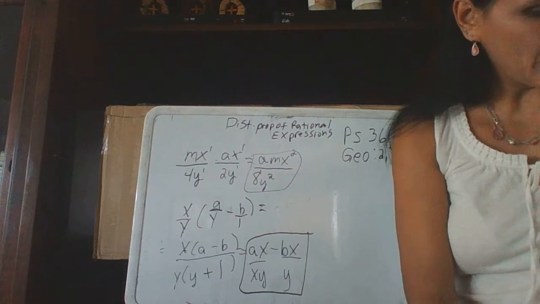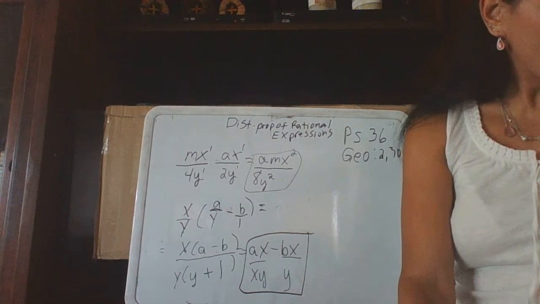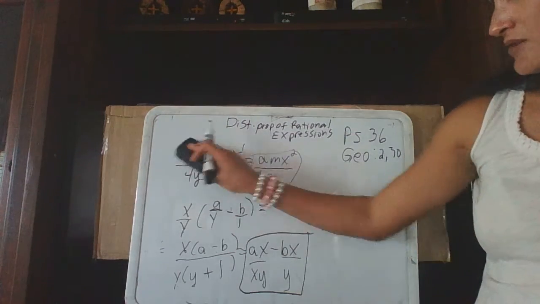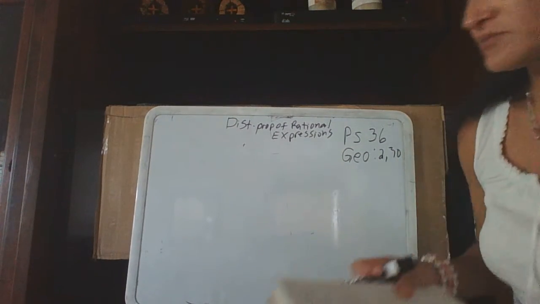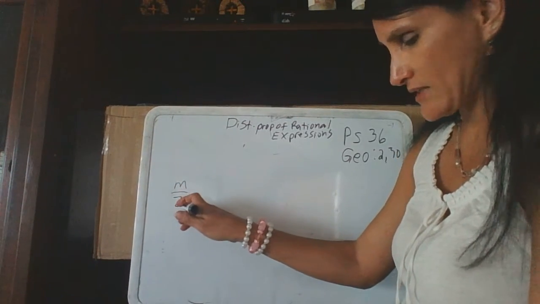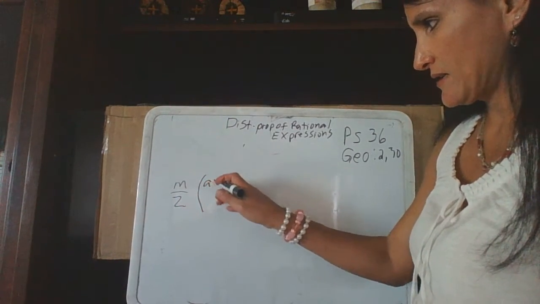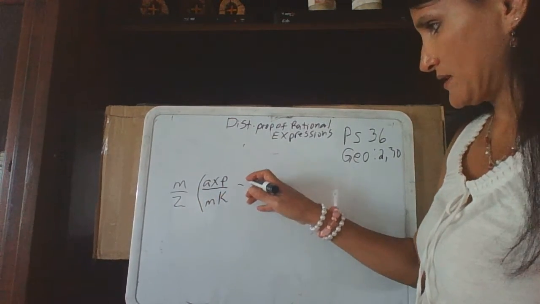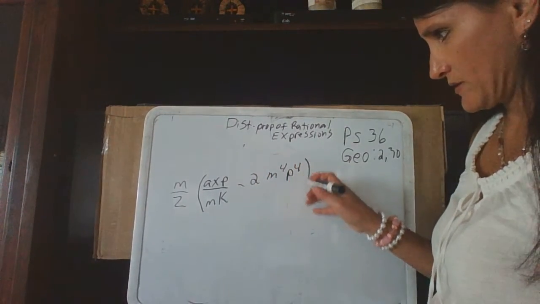Now let's look at another example, okay? Let's look at 36.2, because that one looks a little bit difficult. 36.2 says it's going to be m over z, times axp over mk minus 2m to the fourth p to the fourth, okay?